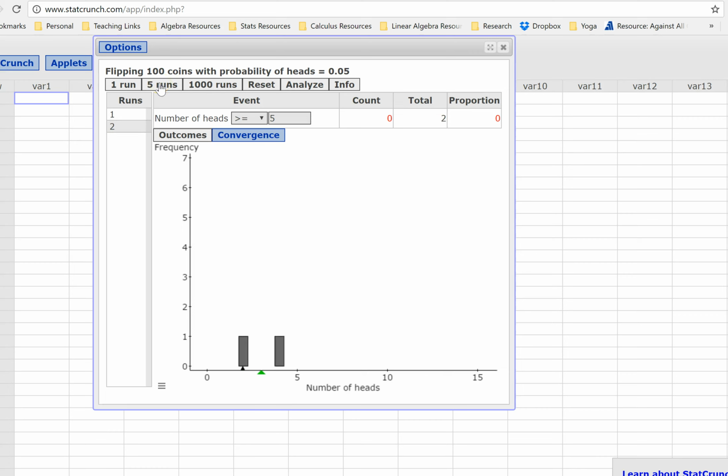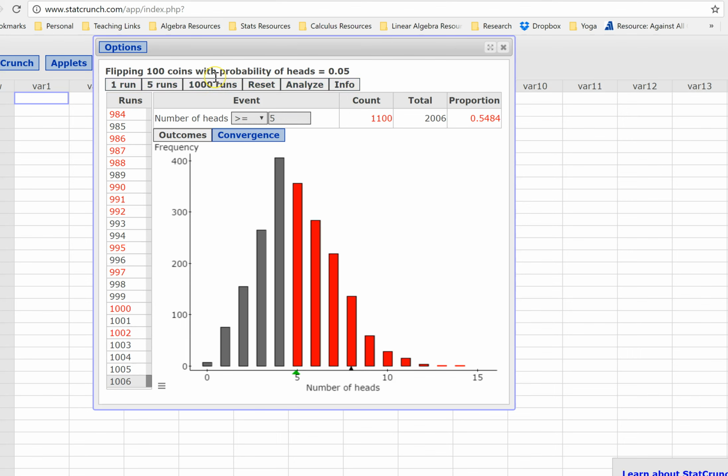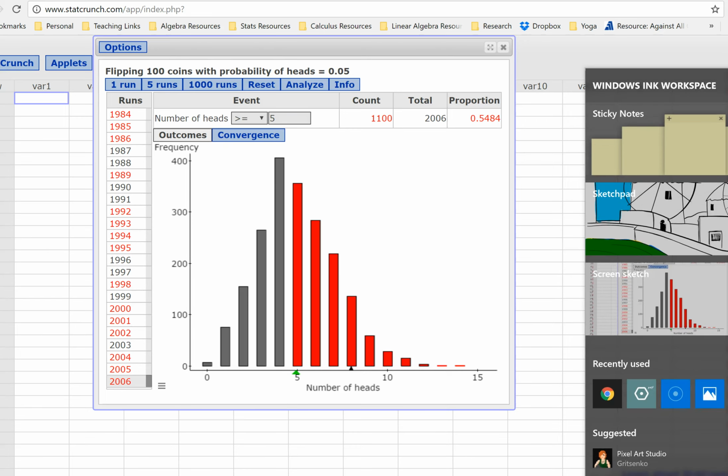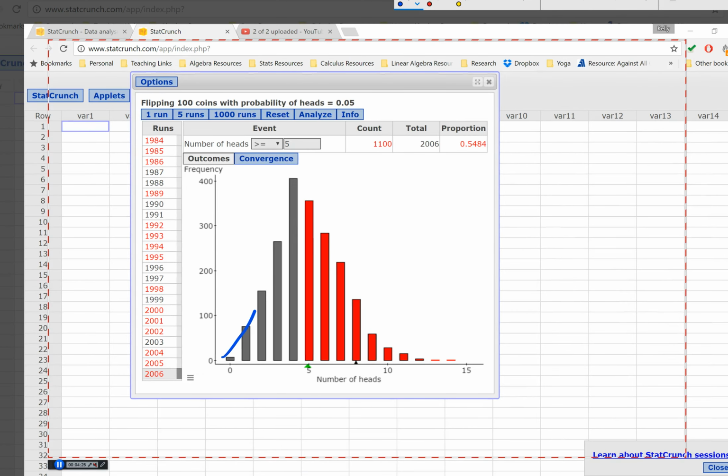We do this 5 times, we get a lot of values around the 5 we expected. We do this 1,000 times, 1,000 more times. Now we're not seeing that normal distribution. We're starting to see a little bit of a right skew, right? We're starting to see a little bit of that tail off to the right.